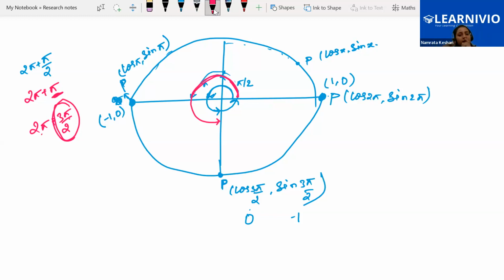After covering 2 pi, again we continued the angle. The angle can be anything, right? Will it be only 360 degrees? No, the angle can be anything. It can be a huge angle like 1000 degrees, and in terms of radian also we can write any angle. So angle can be anything.